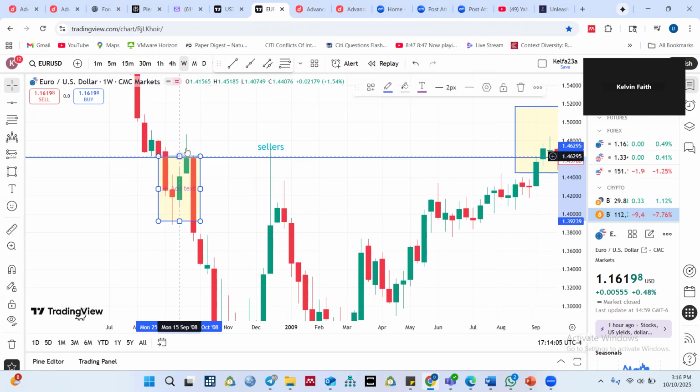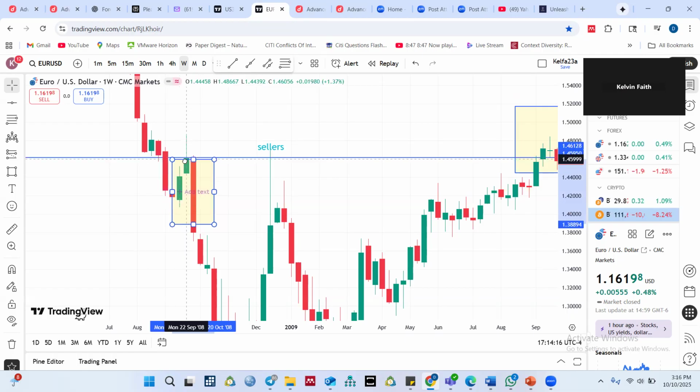Then you look for rejection and engulfing again. So as long as price keeps rejecting, and on the smaller time frame, let's say 4 hour, you see an engulfing pattern, break of structure below or around this blue line, you are good to go.